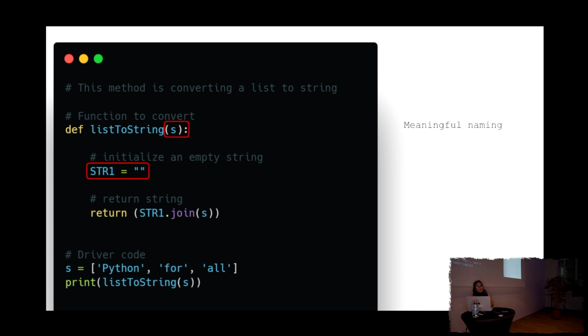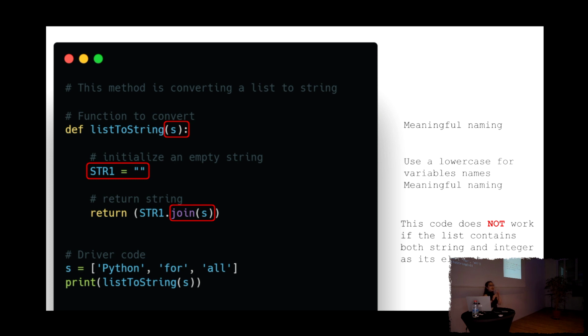First of all, those two variables don't have meaningful names, so we should really use meaningful names. Second of all, the second variable is in uppercase, so it doesn't follow the naming convention in Python. Last comment, using this join function actually is not great.